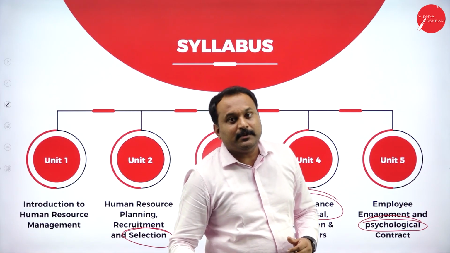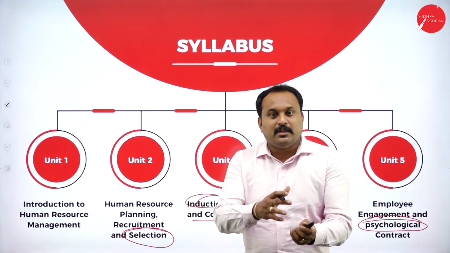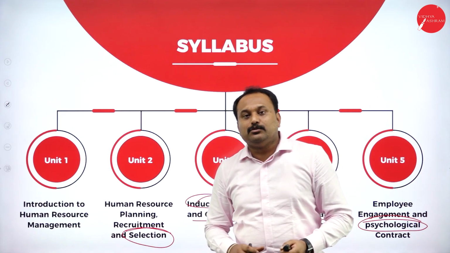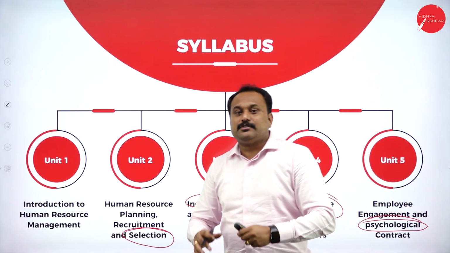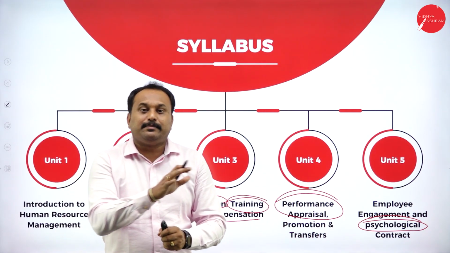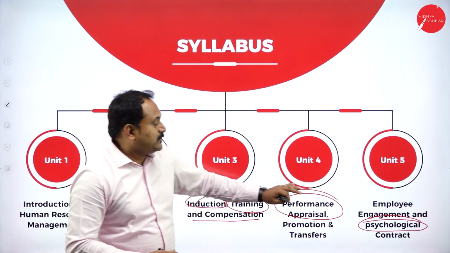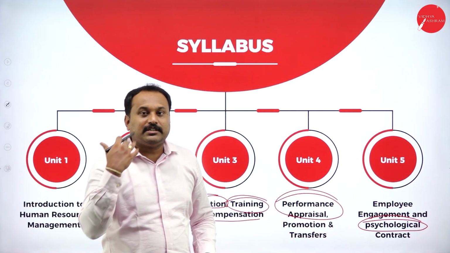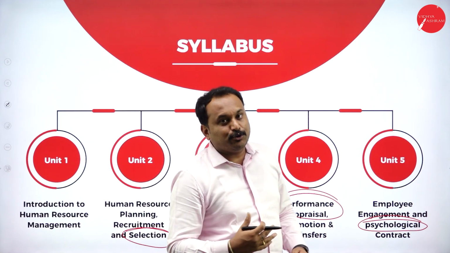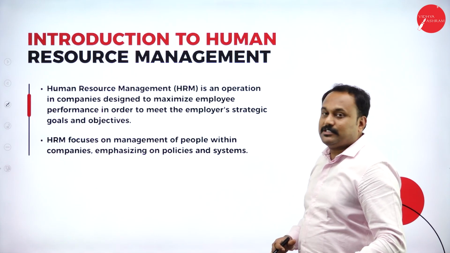Then it will help to analyze a person's ability to do work. Is he a person who is going to do the work properly? Is he a person who is going to do his work efficiently? Is he or she a person who will not do the work? You will get to know that through their psychological aspects. So these are the 5 units which come under human resource management for second semester BBA students.